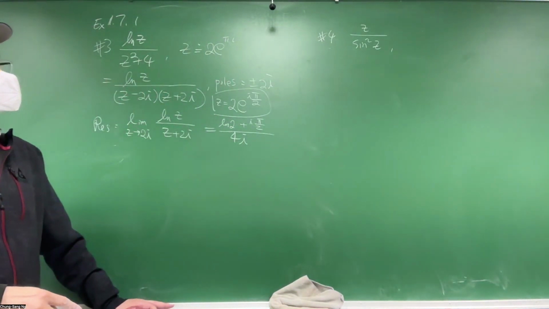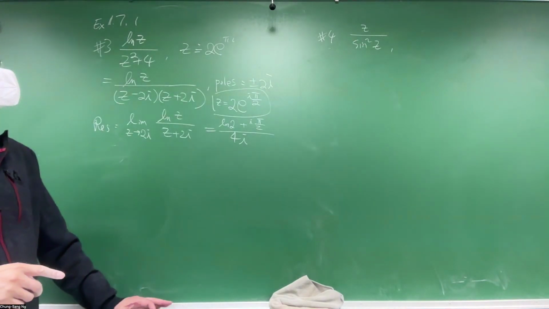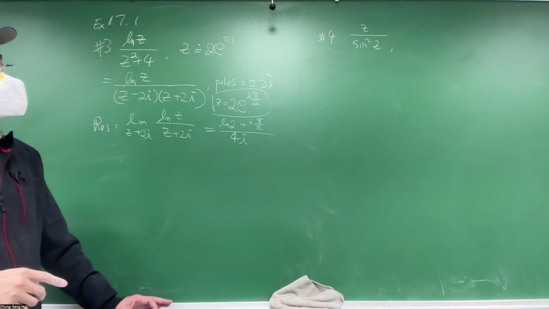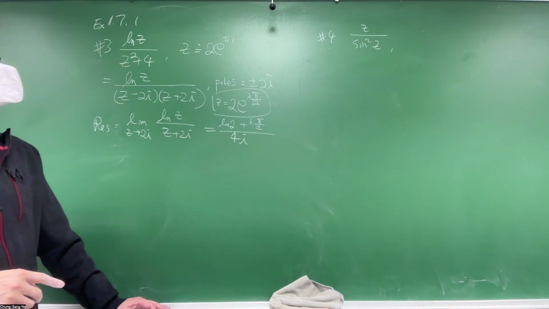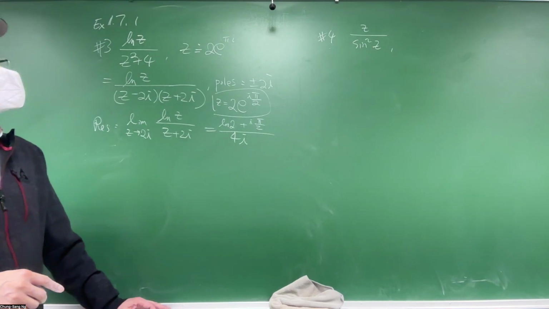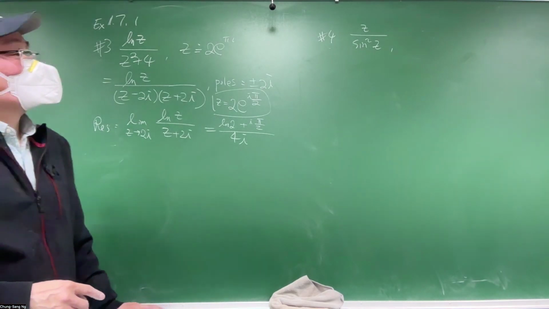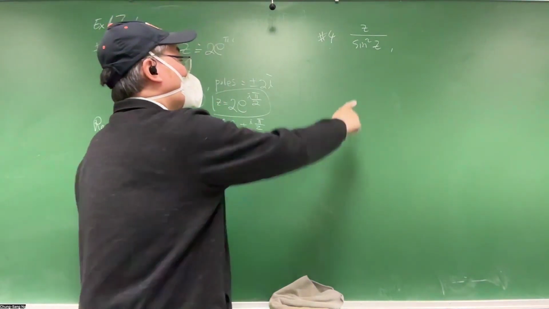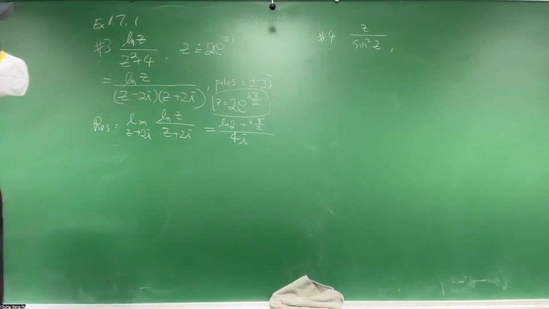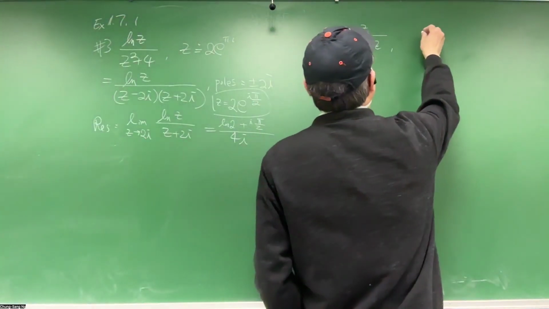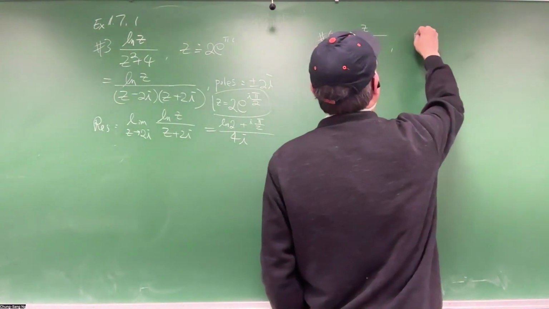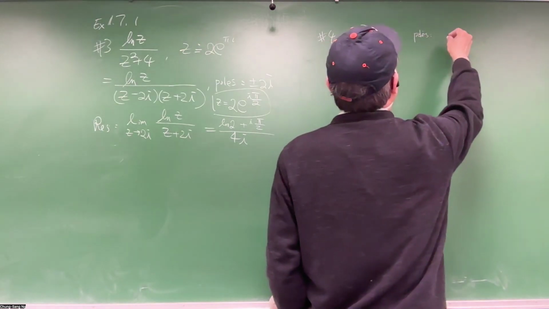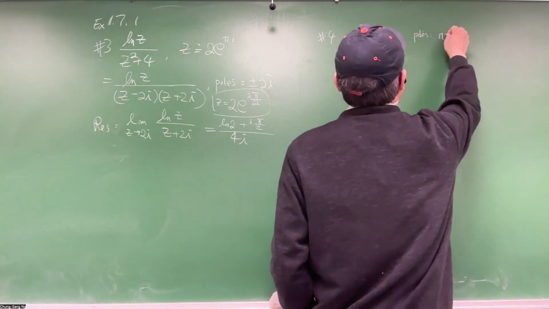And sine z has many zeros. You know that sine is oscillating on the real axis, and all the zeros are actually on the real axis. They have no complex zeros, right? And all the n pi's are zeros, right? And the square doesn't matter. If sine z is 0, then sine squared z is also 0. So the zeros of sine z become the poles of this function. So the poles are n pi, right?